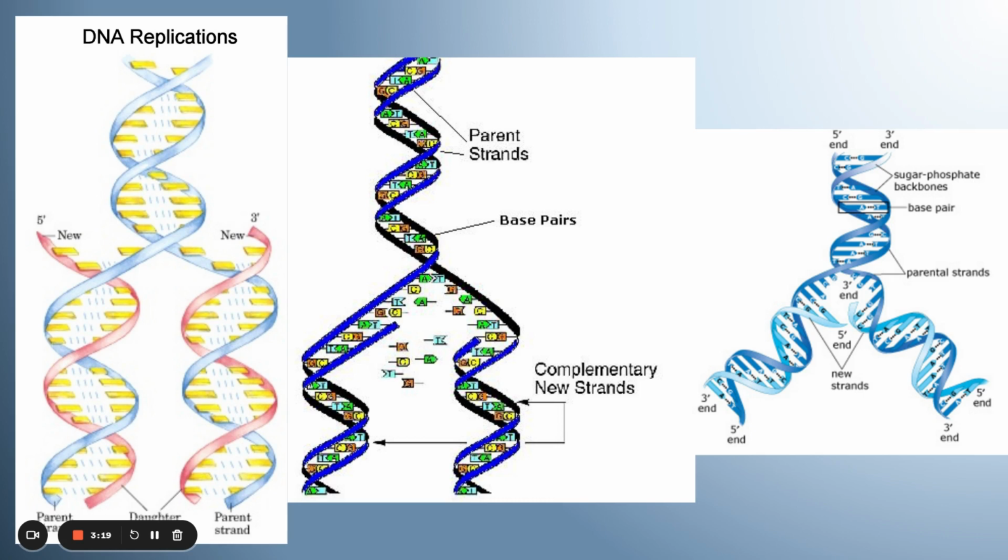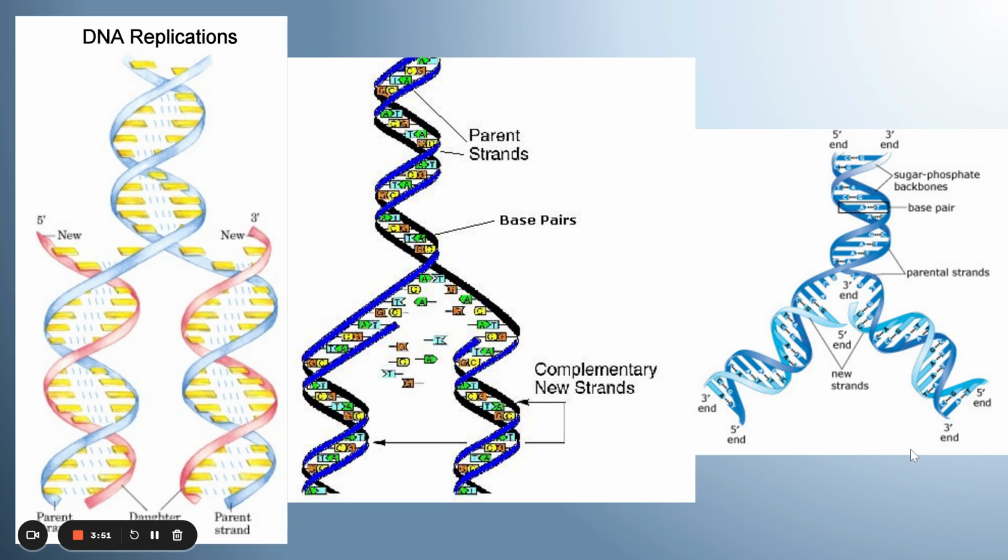So you could see that DNA replication doesn't really start at the very tippy top. It starts in locations called primers, and that's a place where replication starts. It does start, as you could see in each of these, by a separation of the two strands of this double helix, which is called unzipping. And then once that happens, you can see in that middle picture that the complementary strands, the matching pairs, come together.